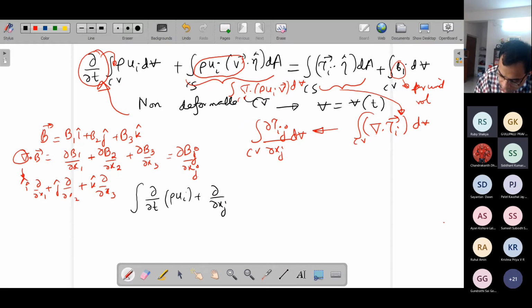So here is also a divergence. So we'll use the same thing. This velocity's j component is uj. That is what I have written. So this term is the same as this term.